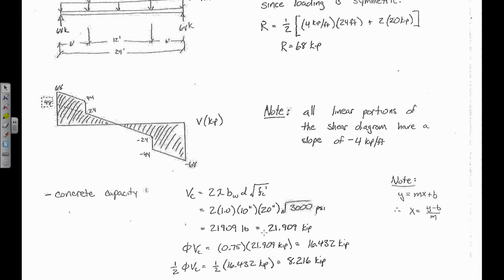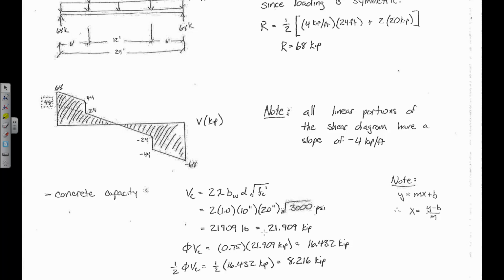Now, what I've got here is the computation of phi Vc and half of phi Vc. So Vc, we start off with that, is 2 lambda bw d square root of fc prime. So 2 lambda bd square root of 3,000 psi. Remember, you put in psi and you get out psi. And so when you compute this out, remember 2 times 1 times 10 times 20 times the square root of 3,000.